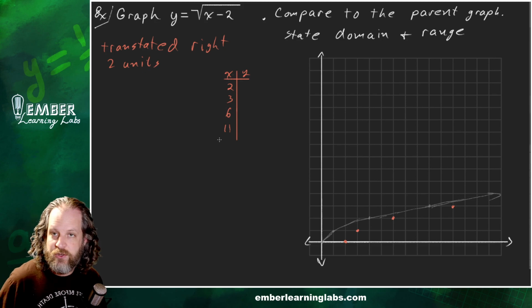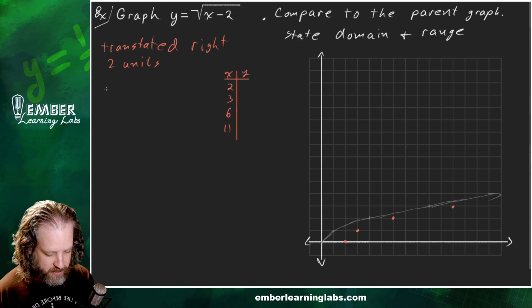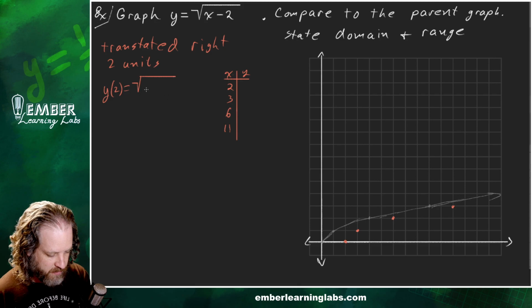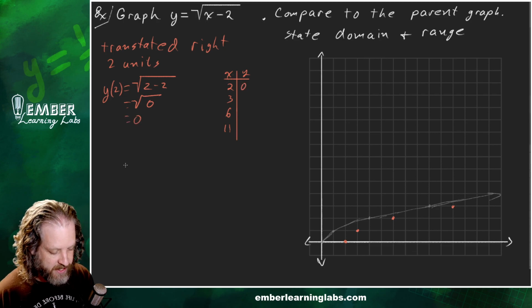So that's the same as the ones we do, but shifted 2 units to the right, right? So when I plug in 2 and find Y of 2 equals the square root of 2 minus 2, which is the square root of 0, which is 0. So that's great. That checks out, right?